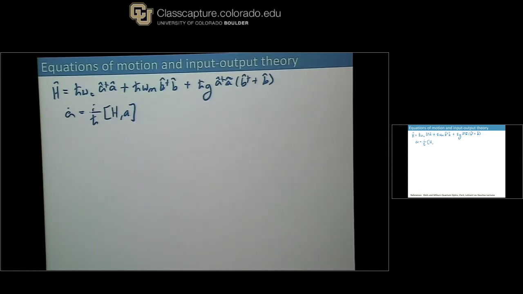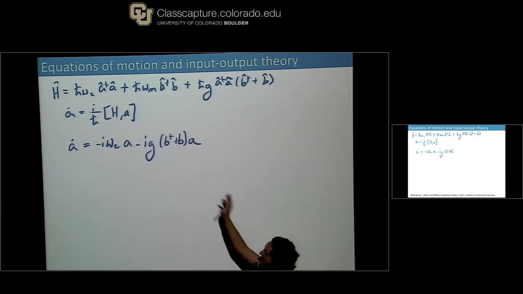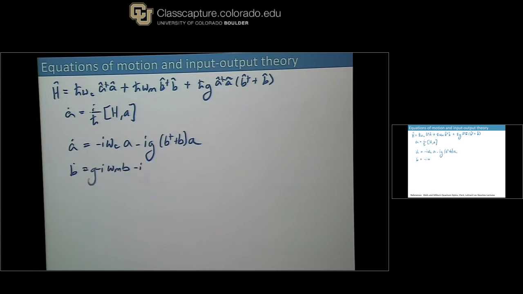In order to get an equation from this, we have to calculate the commutator of A dagger A with A, we get minus A, and so our equation here would be just some equation of motion coupling the B and the A. And we can do an equivalent thing for our mechanical degree of freedom, and we would get this guy here.